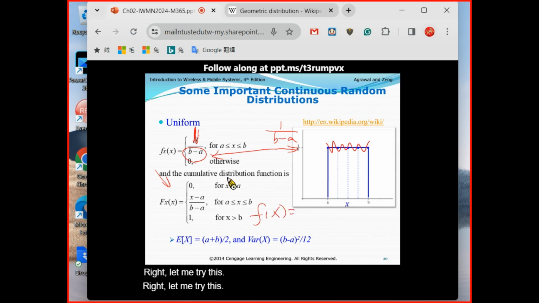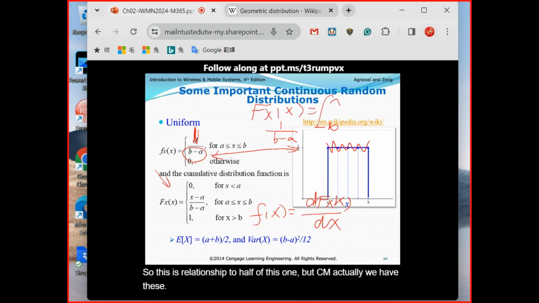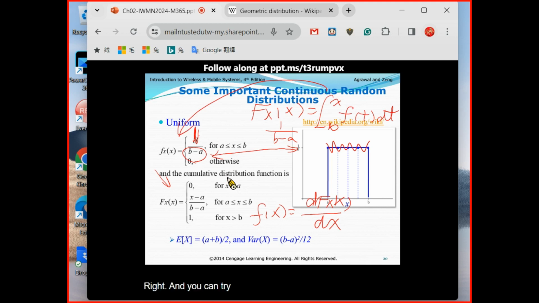So we have this, and this is the relationship. But for the CDF we have this. You can follow the relationship, and you will understand that the CDF should be this formula.